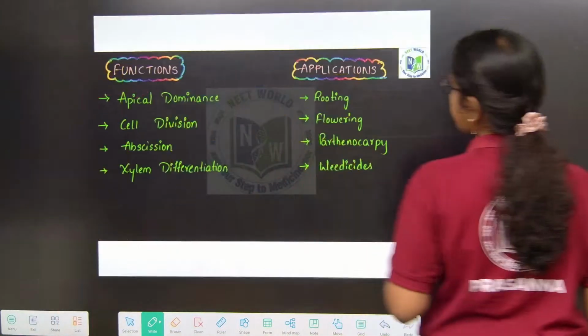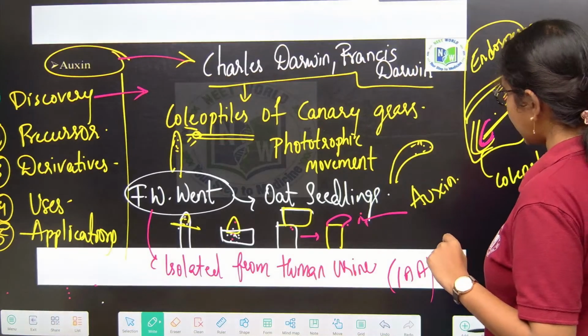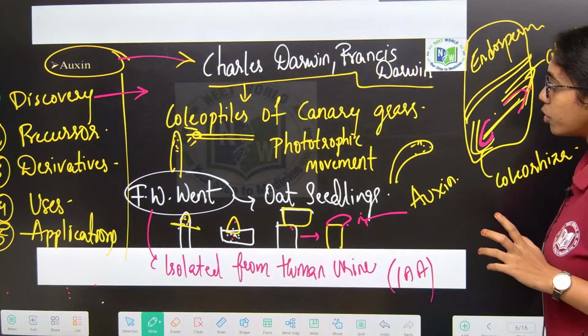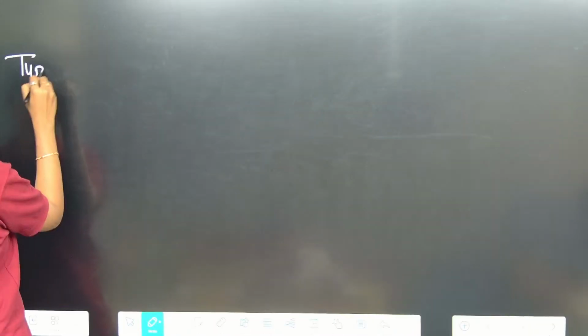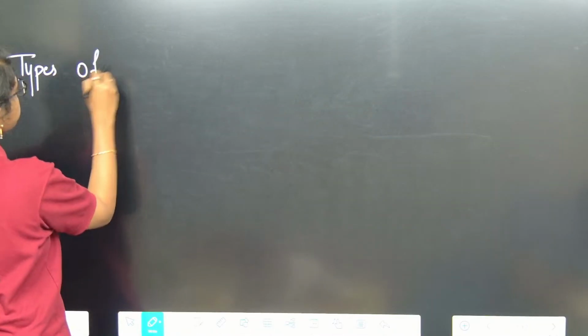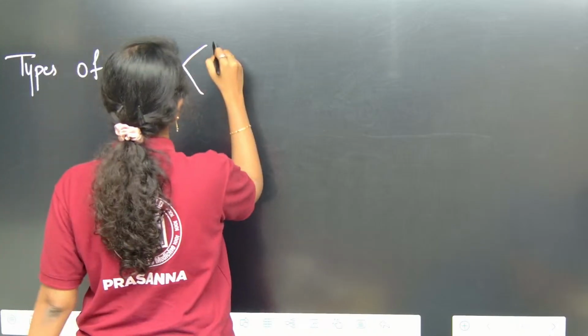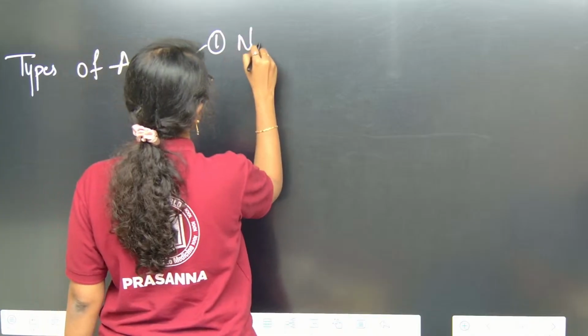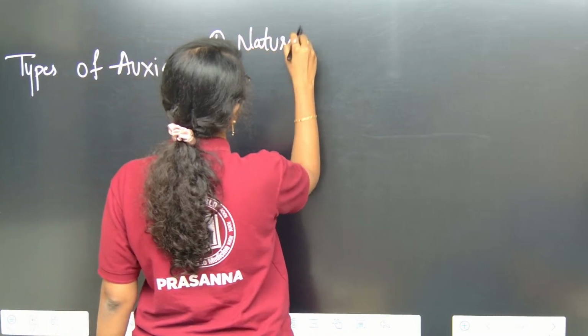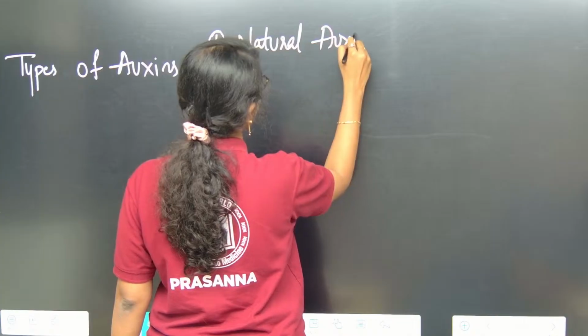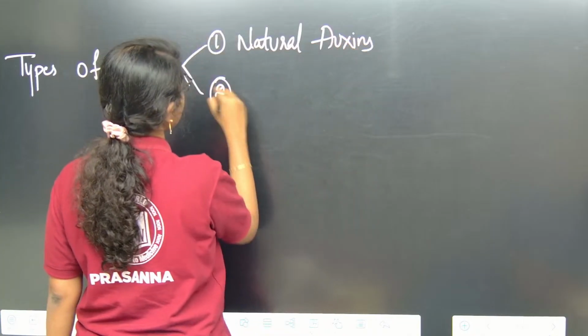Next. So the first thing, the discovery, is done. Now you have to know the types of auxins. We have two types of auxins. First is natural auxins. Second is synthetic auxins.